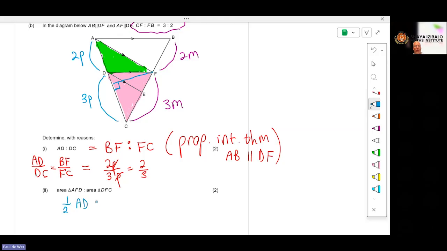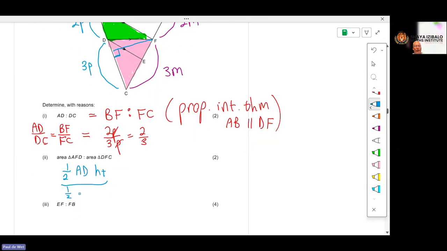Over 1, DC times perpendicular height. 2 as to 3. Okay, guys, those triangles, well done, very well done.